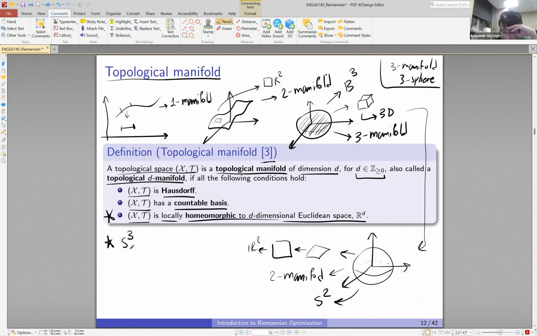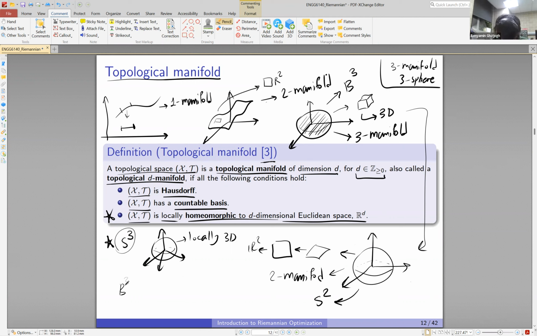Yes, locally it is 3D, but it is embedded in four-dimensional space. So I can't visualize it anymore. You need to imagine it. You have a four-dimensional space, and this sphere is locally 3D. You shouldn't confuse it as being a sphere embedded in 3D. No, it is a locally 3D sphere embedded in 4D.